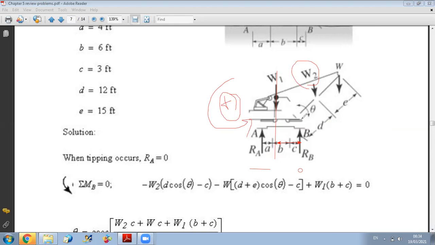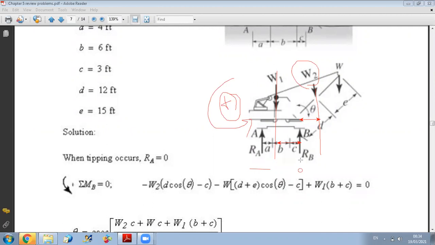For weight 2, the angle is theta, so I should project to find the distance between W2 and B. I should find the projection distance here. This projection distance is d times cosine of theta.